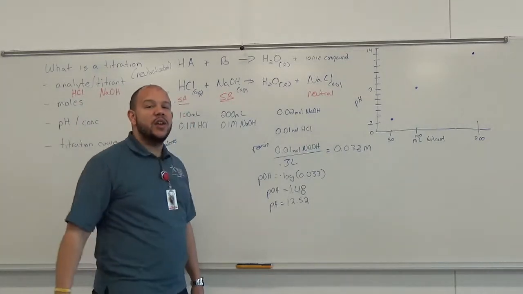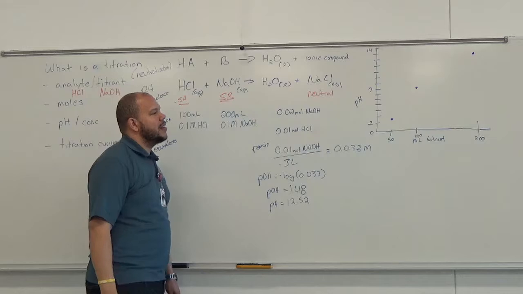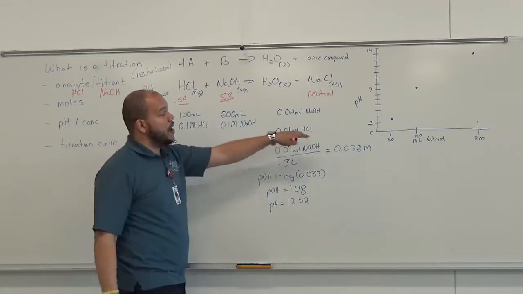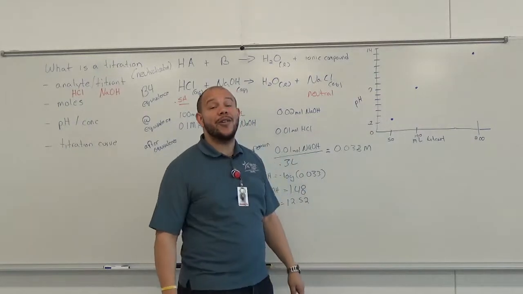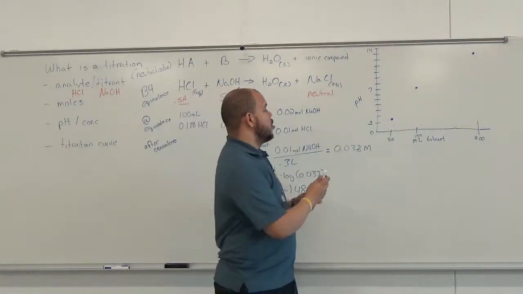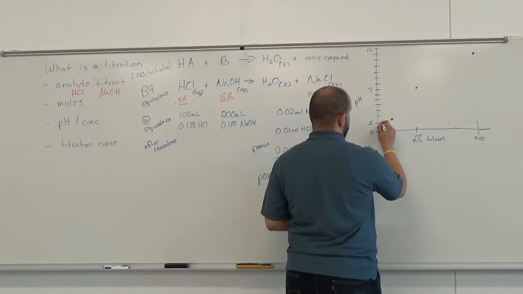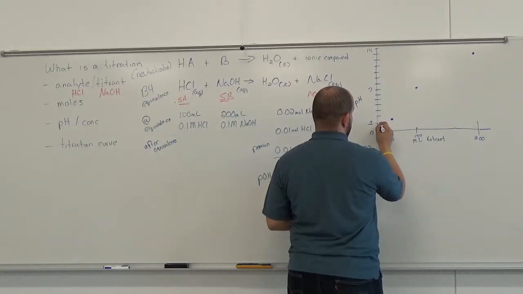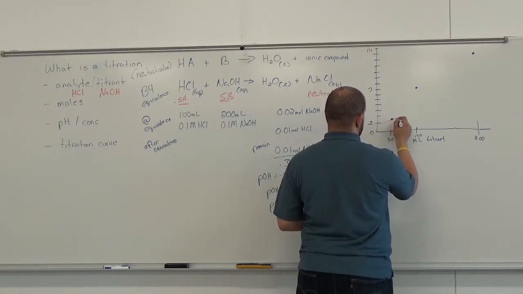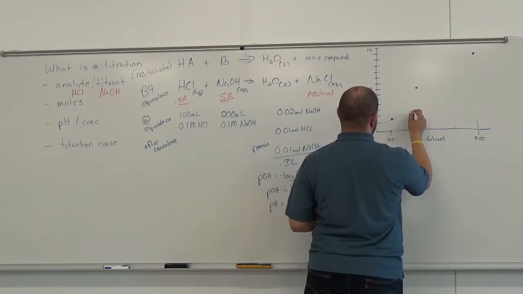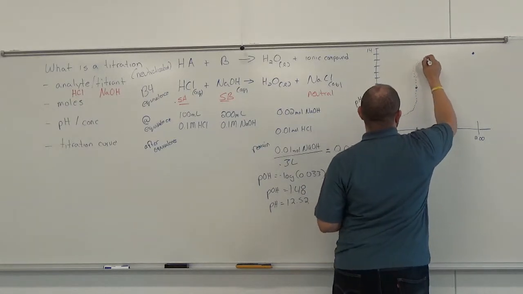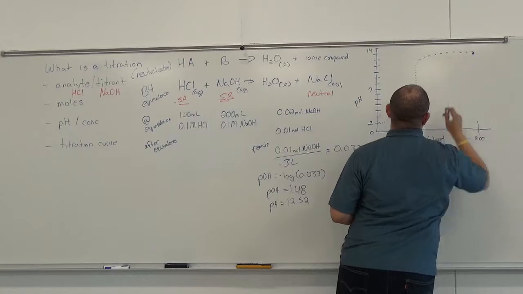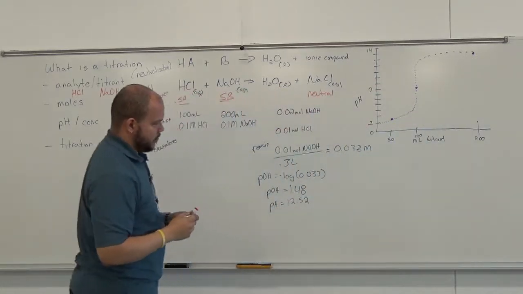Now, what does a strong acid, strong base titration curve look like? Well, if we measure the pH using a pH meter throughout the entire titration, you would see that the pH would start, and then we would have a sharp increase through 7, and then we would have a curve that looks something like this, right?